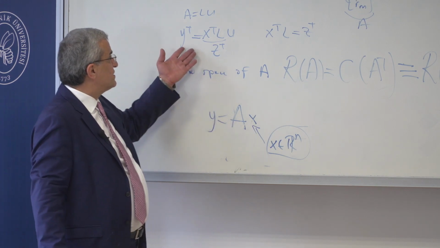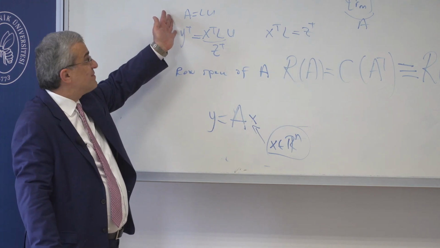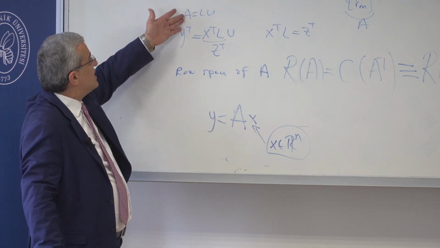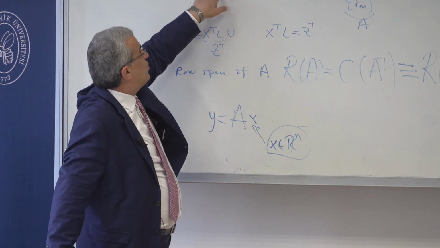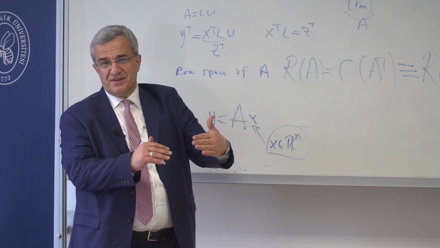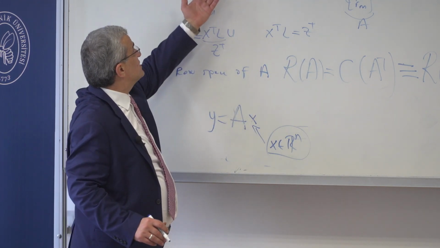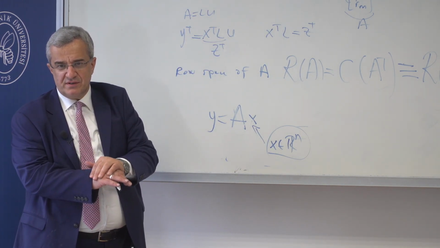So here, in the row space, it's the same thing. You have a matrix A, and what we are saying is that you take all linear combinations of rows of A. Okay? x is where? x is in an m-dimensional space.